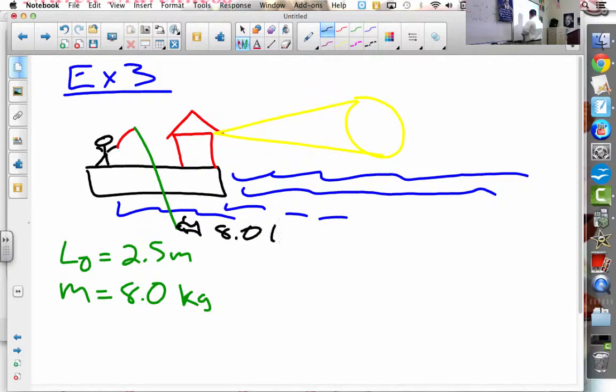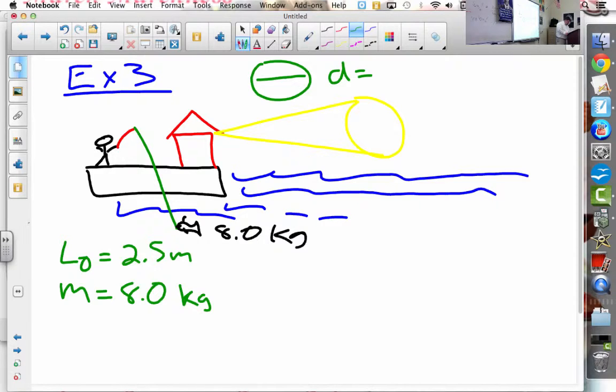All right. So then the question that they asked us was, a 2.5 meter nylon fishing line holding up an 8-kilogram fish. Also, if we were to look at the line, the diameter of the line is actually equal to 1.6 millimeters.